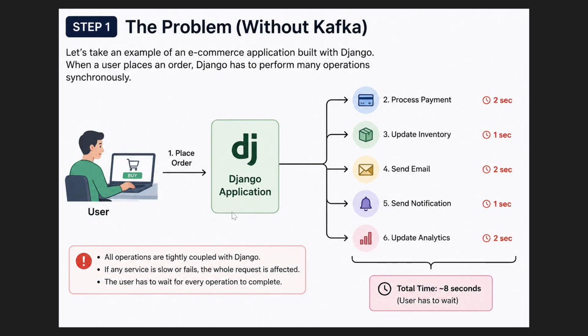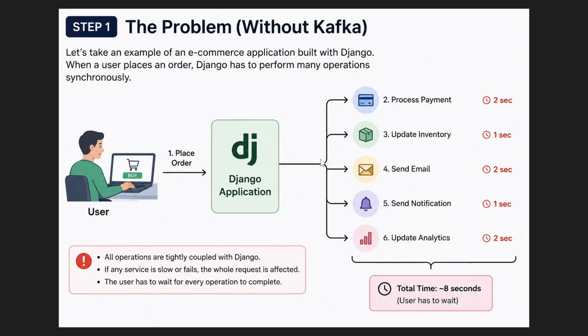So this is where Kafka comes into the picture. Instead of Django directly communicating with every downstream service, Django can publish an event saying that an order has been created, and then Kafka receives and stores this event. Then the services that are interested in this event can consume from Kafka and process it independently.